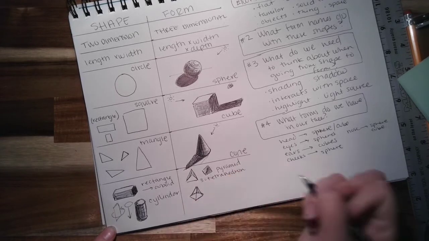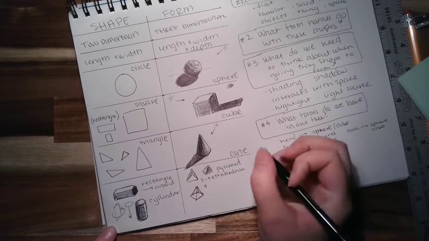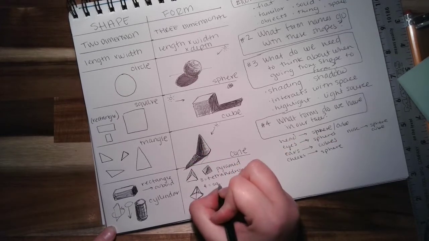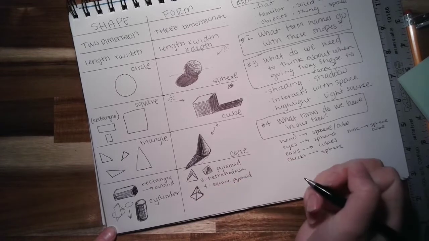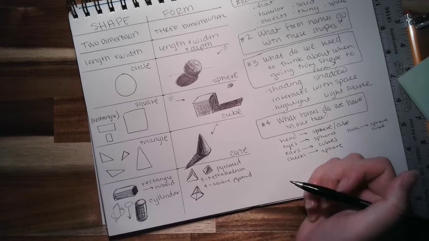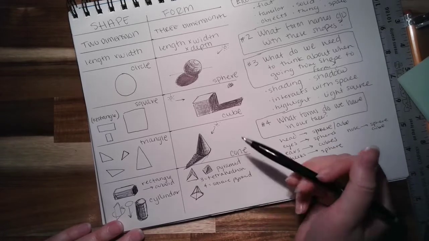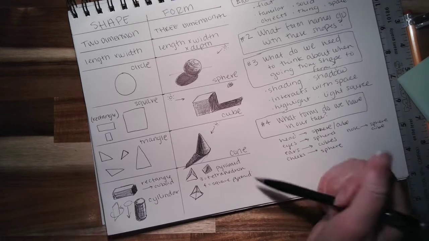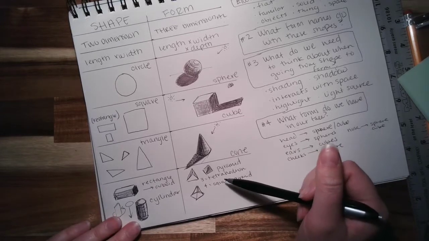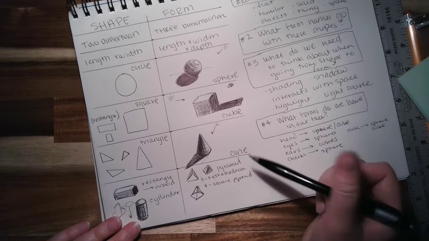There we go. And so 4, we're just going to call it a square pyramid. And then we can do the same thing. If we use a hexagon or a pentagon or an octagon, any of those things are just going to become that many more sides to add to our triangle.